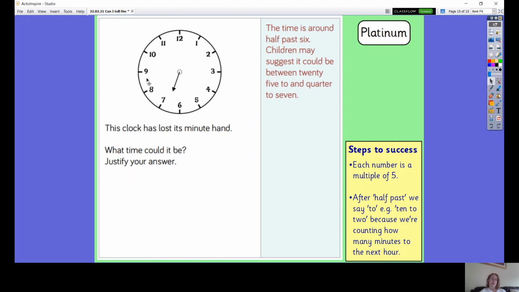So the minute hand is going to be somewhere between this 6, or it says over here 25. So about there, round to there. Anywhere your minute hand pointing there would have been correct.